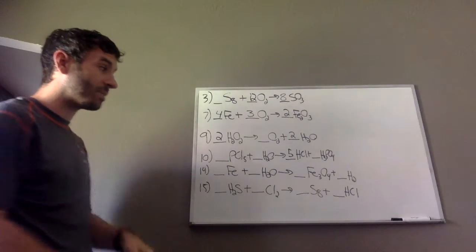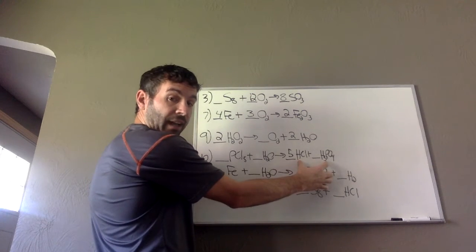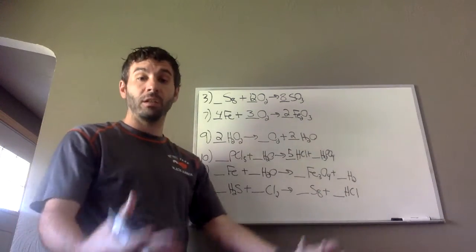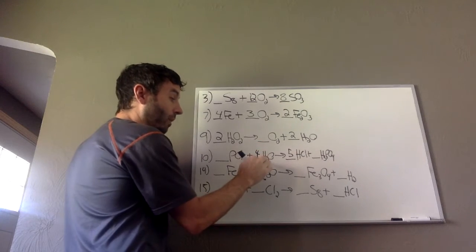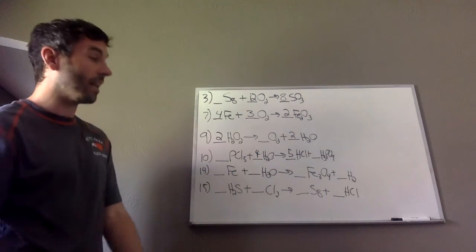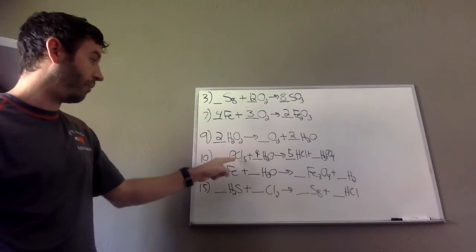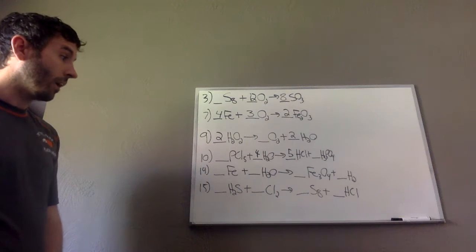Now, just like in the last problem, I have the element in 2 different spots. So I have hydrogens here and here. If I do the math, I have 5 here, 3 here, so I have 8 total hydrogens on the right. So I need 8 on the left. So I need to put a 4 here. So 4 times 2 is 8. Now I'm going to check my other elements. I have 4 oxygens. I have 4 oxygens. I have 1 phosphorus. I have 1 phosphorus. I'm good.